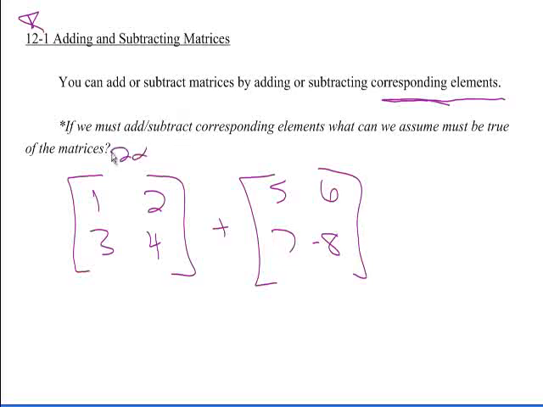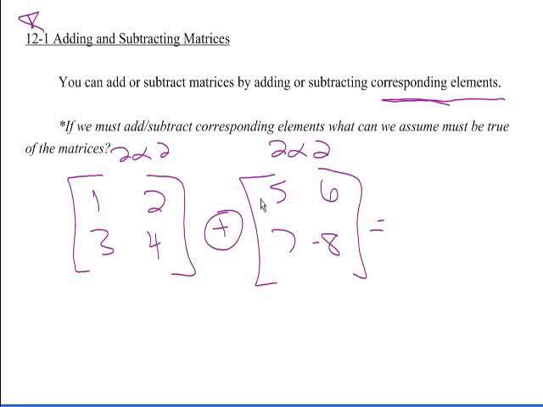So if they must be corresponding, this is a 2 by 2, then the second one must be a 2 by 2. And so they must be the same if we're going to do that. If I had a 2 by 2 and a 2 by 3, which means we have 2 columns, 3 rows, then at that point we would say no solution, can't do anything with it. But since they're both 2 by 2, we have addition in here, we can do that.